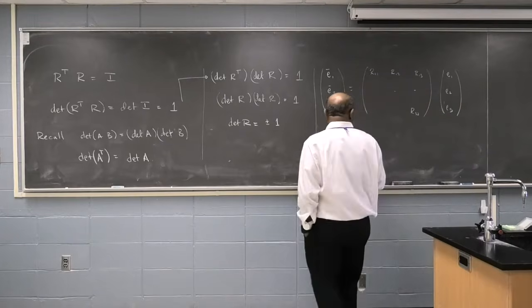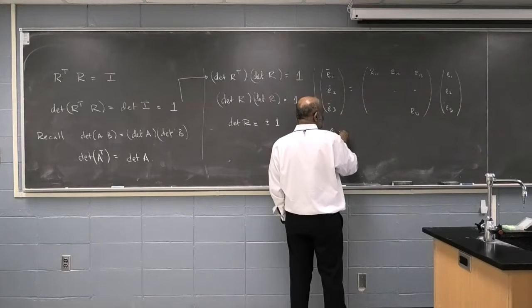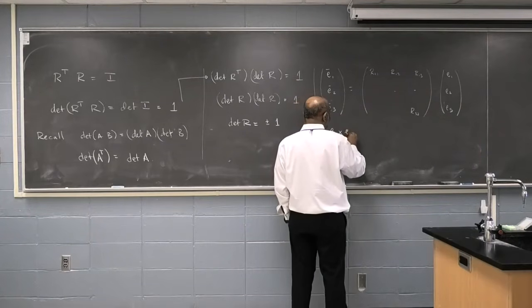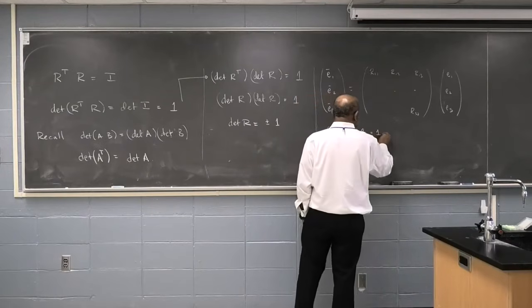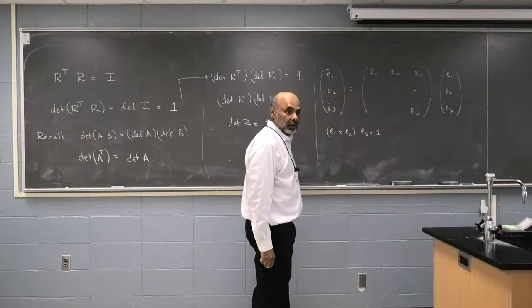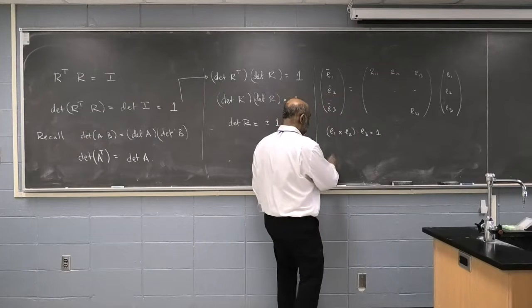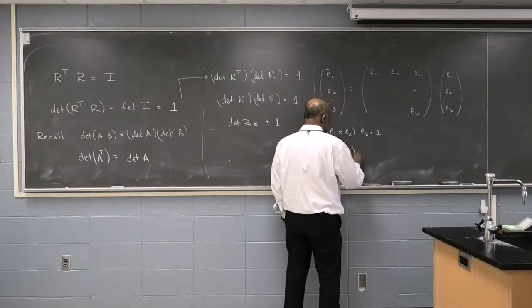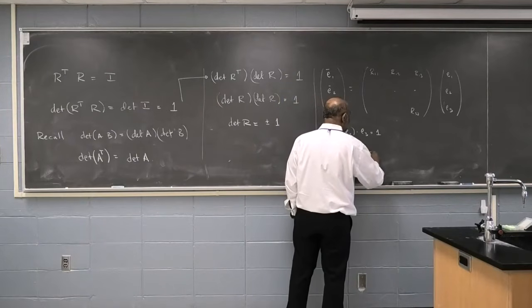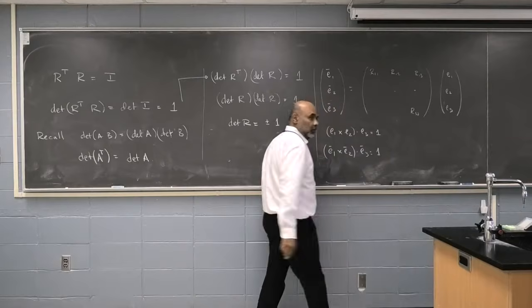We know that, of course, E1 cross E2 dot E3 has to be equal to 1. We also require that E bar 1 cross E bar 2 dot E bar 3 must equal 1.